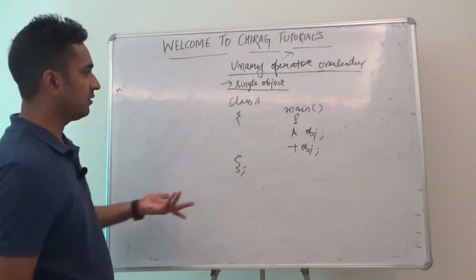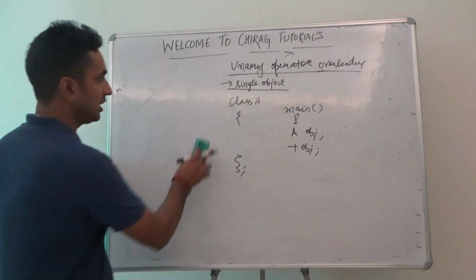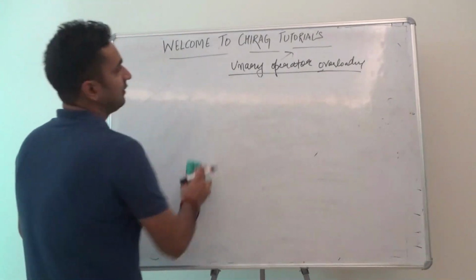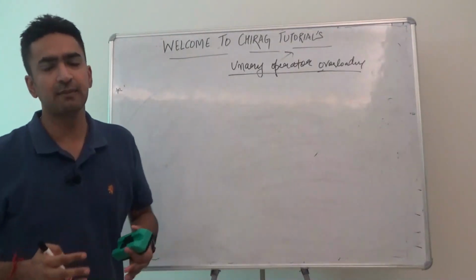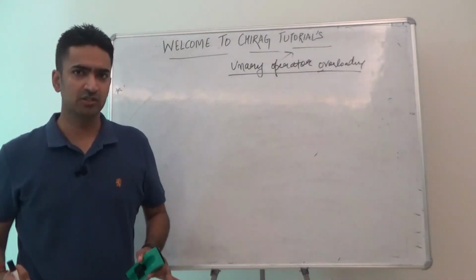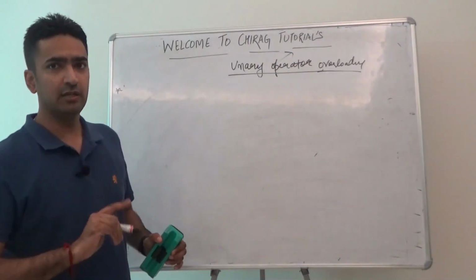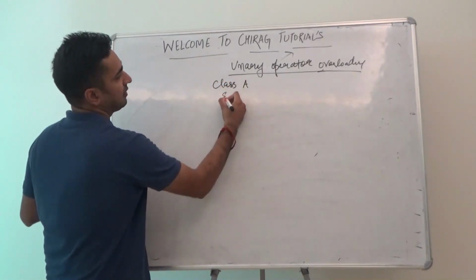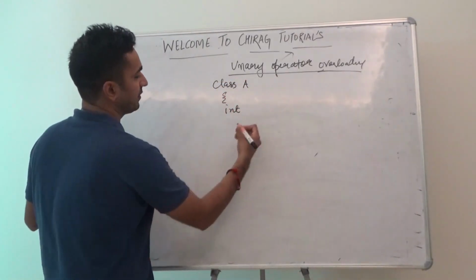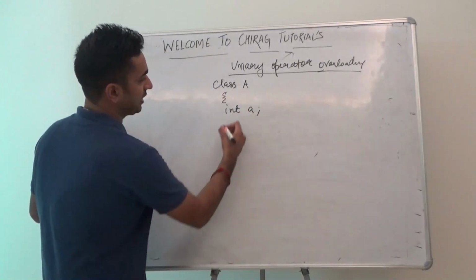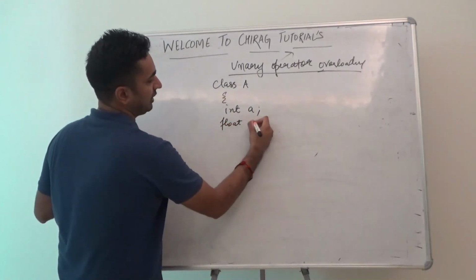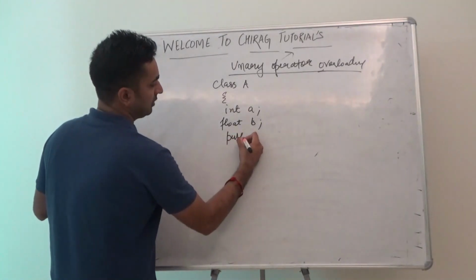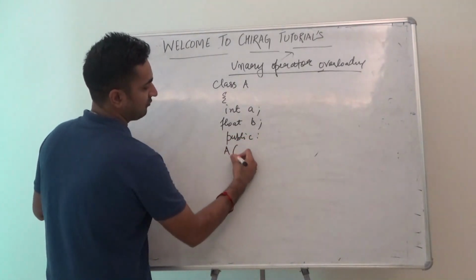So let's just see how it actually works out. Firstly, we will be using the concept of an operator member function for it. I'll create a class A and write data members int a and float b, and in public I create a constructor of it.